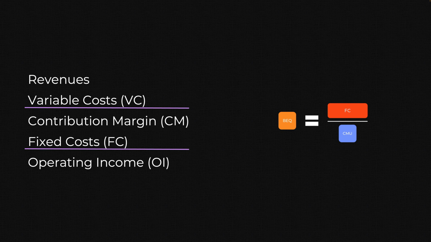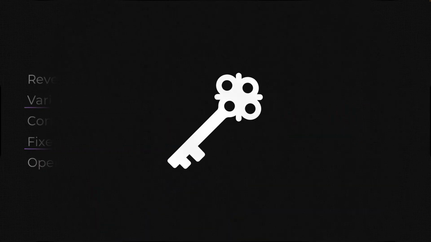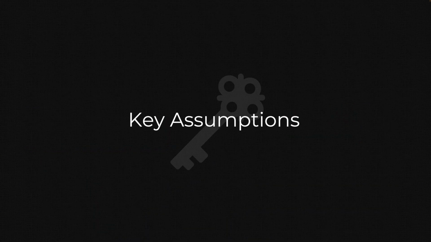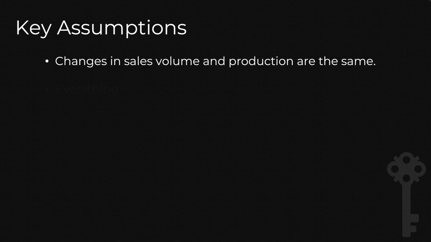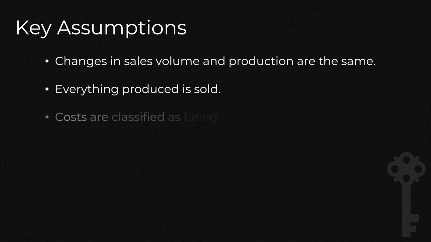Before we go and do that, I want to remind you, when we first started talking about cost volume profit analysis, we looked at some key assumptions. And those key assumptions were as follows. Changes in sales volume and production are the same. Everything produced is sold. Costs are classified as being either variable or fixed.